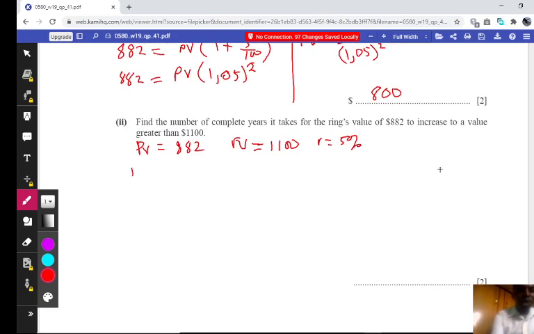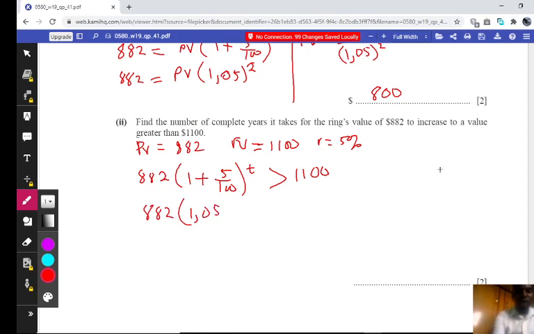So just substitute these values to get the time. How? This value must be greater than, please take note of that, greater than 1100. So you say 882 times 1 plus 5 over 100 to the power t must be greater than 1100. So you just form a simple equation like this. Then simplifying, it will be 882 times 1.05 to the power t is greater than 1100.